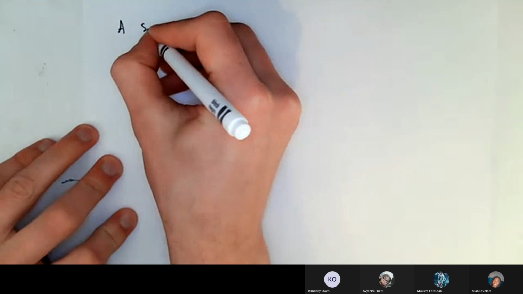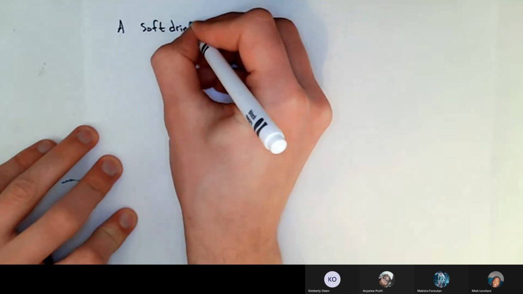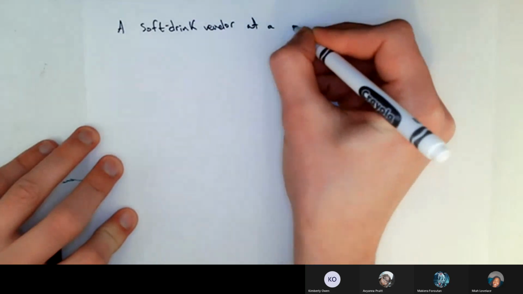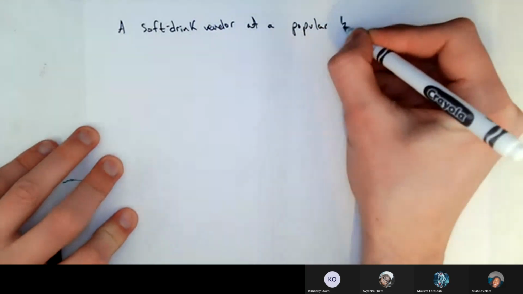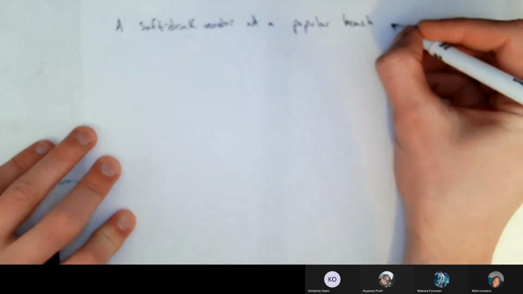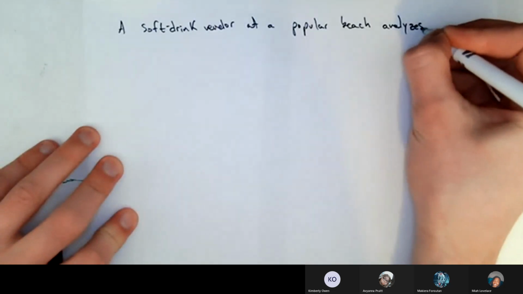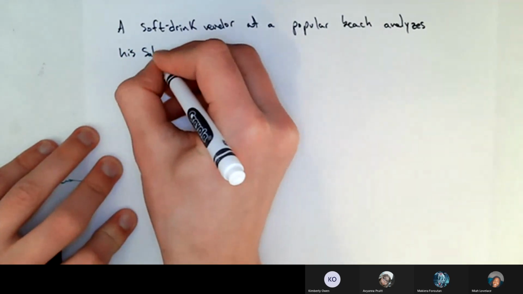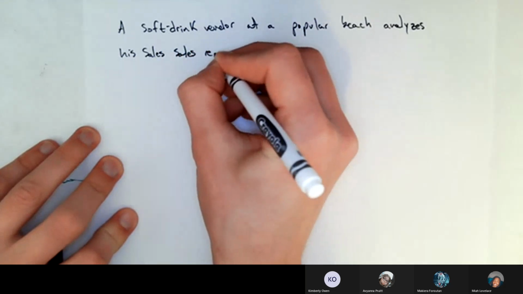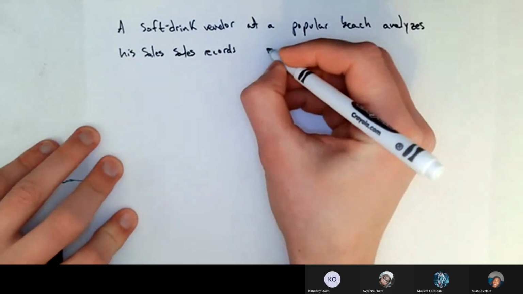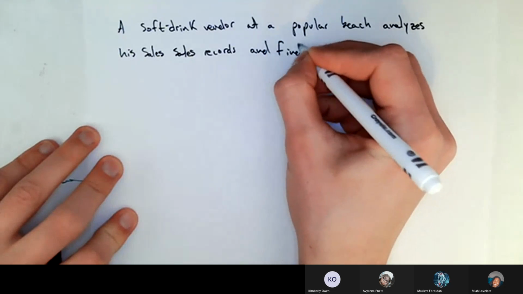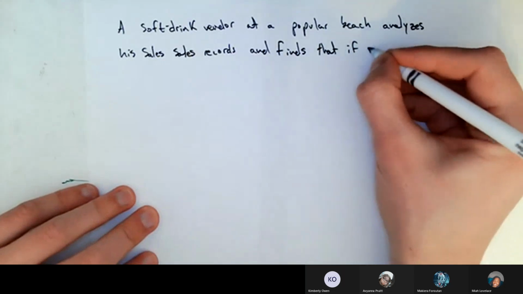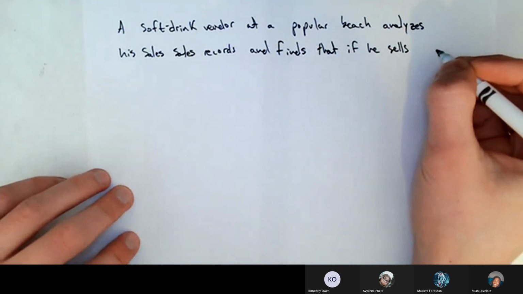So let's say this is a real world problem. A soft drink vendor at a popular beach analyzes his sales records. This is problem 54 in the text, and of course, you all have the ebook in WebAssign.